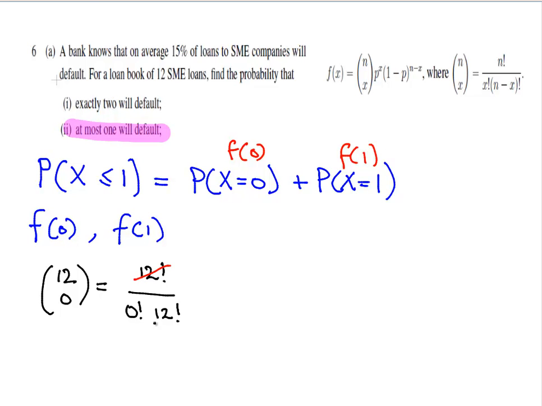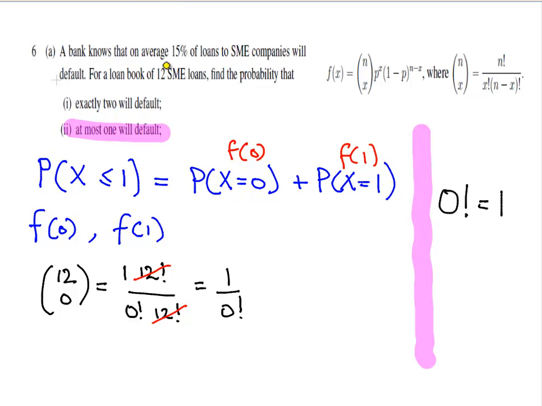So the 12 factorials cancel out, and we just put a 1 there. So we have 1 divided by 0 factorial. An important remark here: 0 factorial is equal to 1. It's not equal to 0. A lot of people make that mistake. So what we have here is 1 divided by 1, and that's just equal to 1.